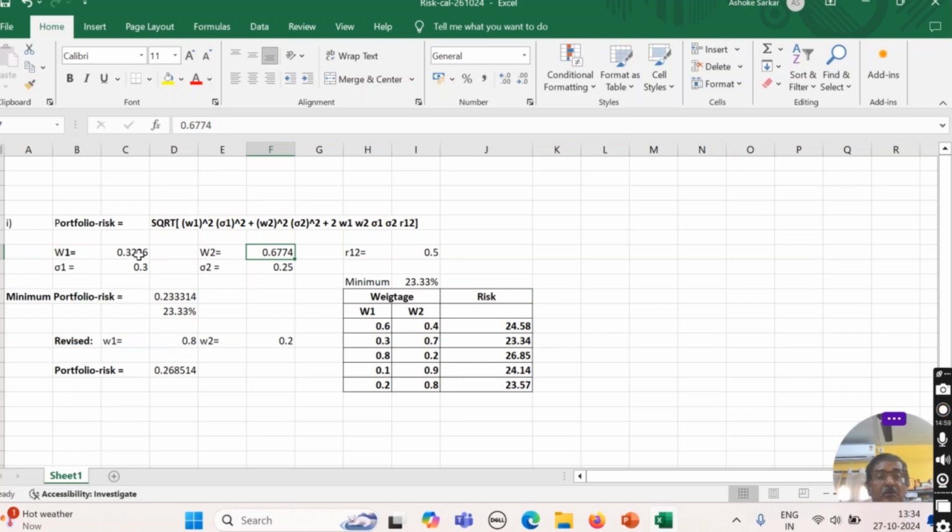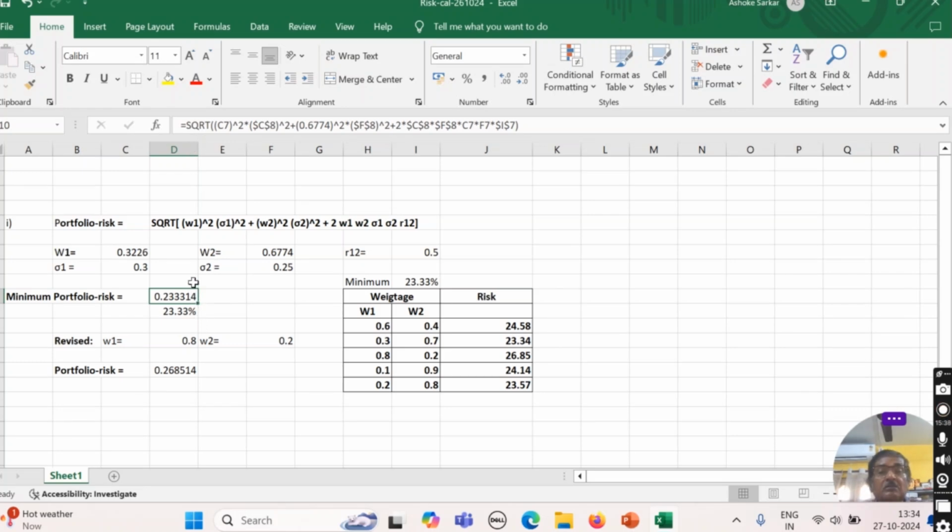This is the weightage for security S, this is the weightage for security G, and this is the correlation value. Though I have written 1, 2, actually in this case it would be WS, WG, RSG. Sigma S is 0.3 and sigma G is 0.25. And if you put all these values, this is the formula in Excel. In detail I have written the formula.